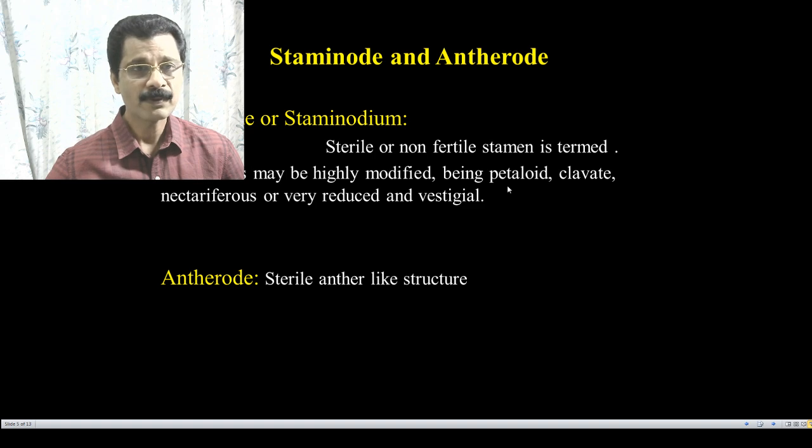So, non-fertile, sterile stamens are called staminodes or staminodium. And another term is antherode. Antherode is a sterile anther-like structure. Staminode is sterile stamens. Antherode means sterile anther-like structure. Could you follow me?